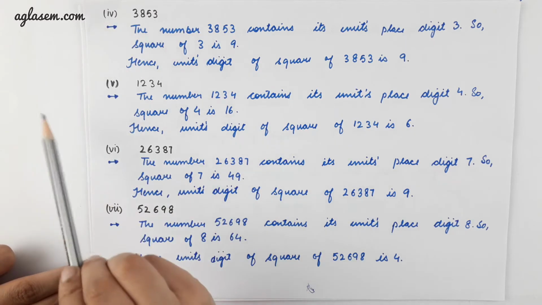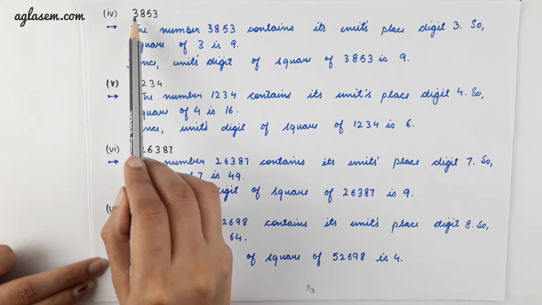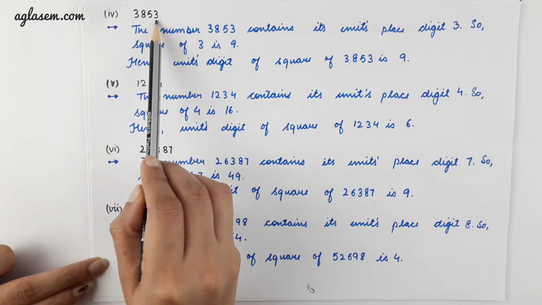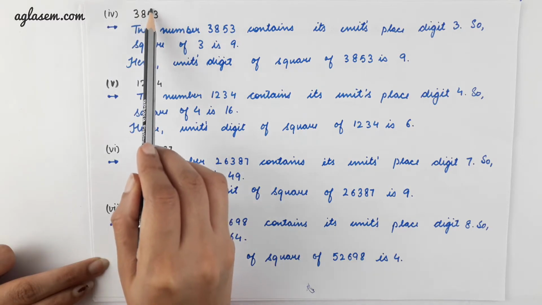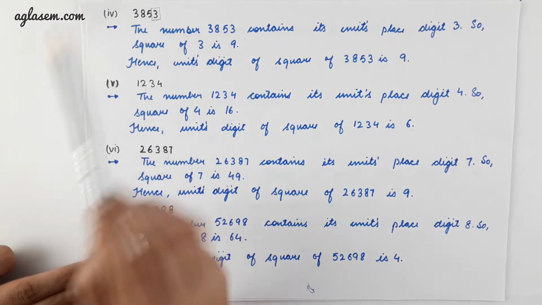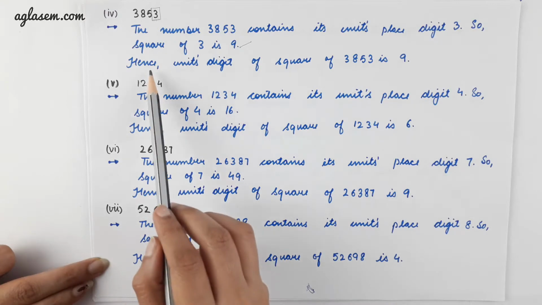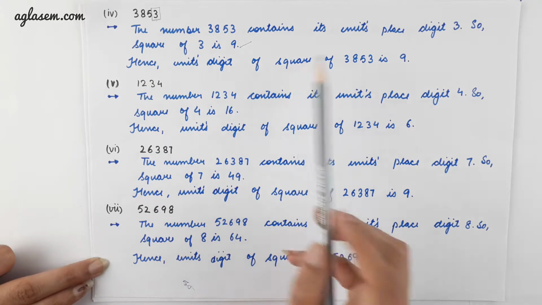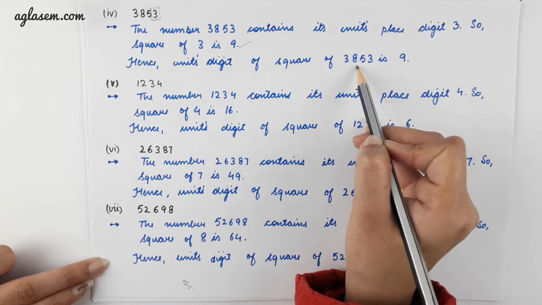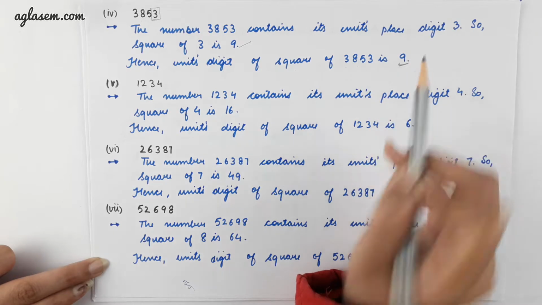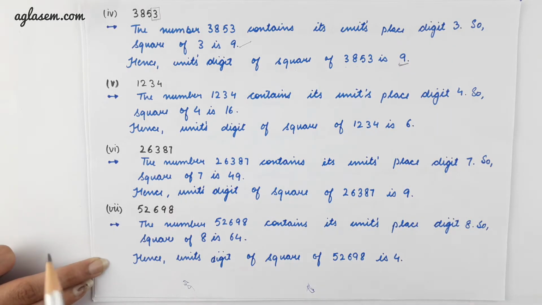Moving to the fourth part, the number is 3853. So we will just consider the unit digit of the given number, which is 3, and the square of 3 is 9. Therefore, the unit digit of the square of the number 3853 is 9. I hope you are understanding the concept.